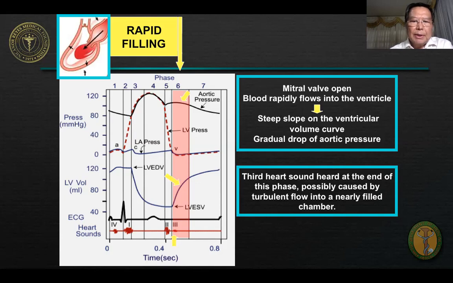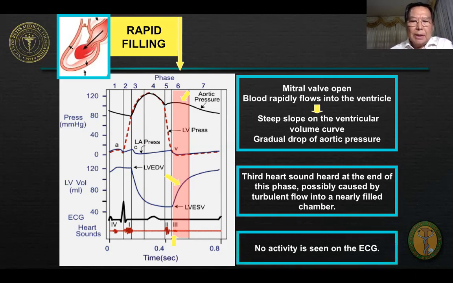So be wary of a third heart sound or S3 gallop because this could indicate that there might be some degree of diminished compliance of the left ventricle during this phase of the cardiac cycle, right? And take note that the ECG is quite silent, meaning there is no activity if you look at the electrocardiogram.